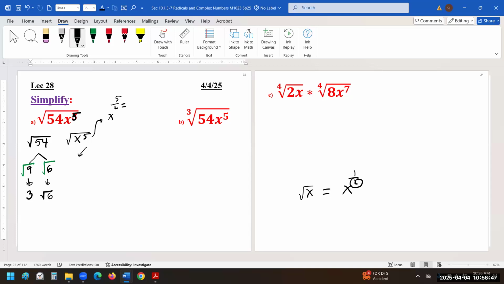That means you have to split our square root into 2 pieces. x squared, but do you have anything bigger than x squared in 5? What number is smaller than 5 but divisible by 2? 4. So x to the 4 and x to the 1. Now 4 divided by 2, what do you get? 2 of them. And this is not reducible, so we bring it down.